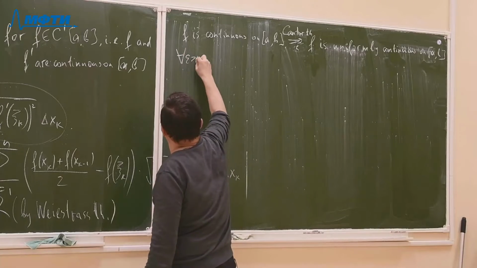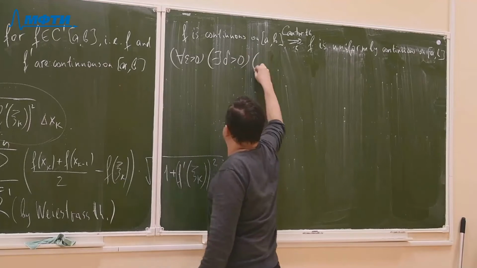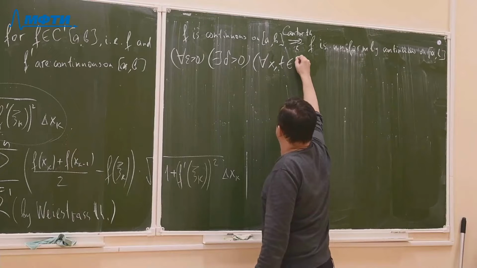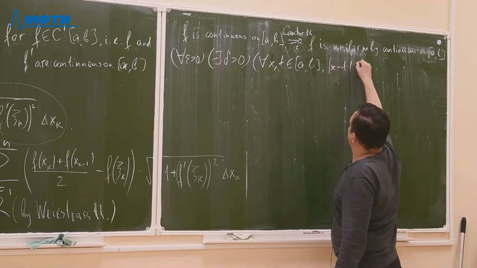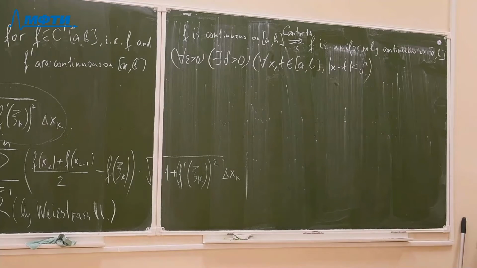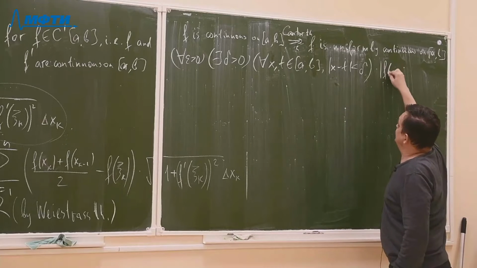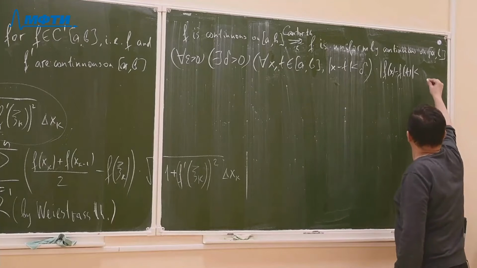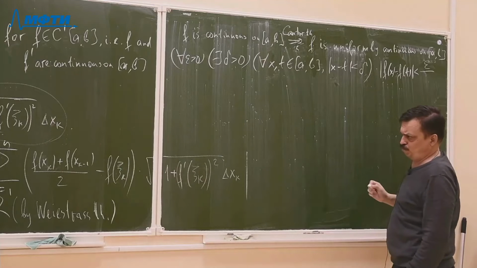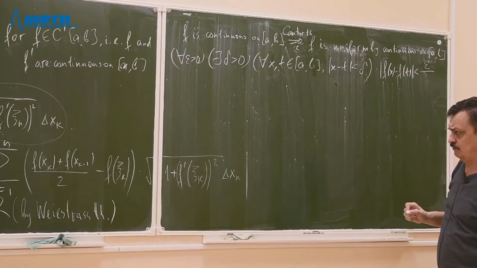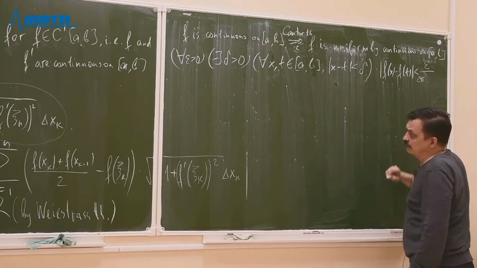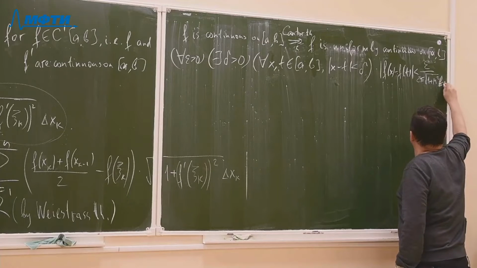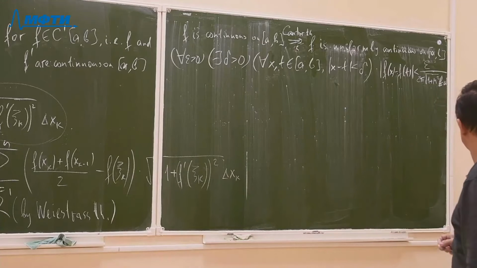It means that for arbitrary epsilon greater than 0, there exists delta greater than 0, such that for all x and t in AB which satisfy the inequality modulus of x minus t less than delta, we have that the modulus of f of x minus f of t is arbitrarily small, and I want it to be smaller than epsilon over 2 pi square root of 1 plus m squared and b minus a.